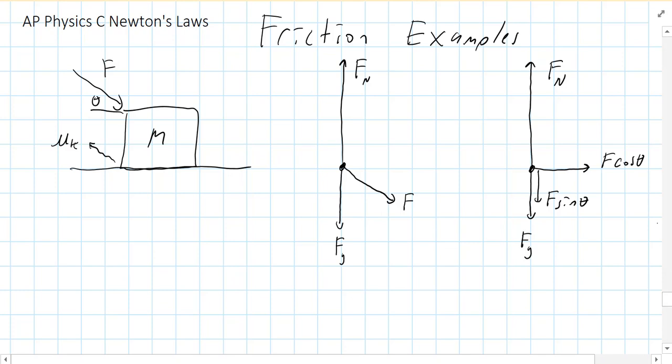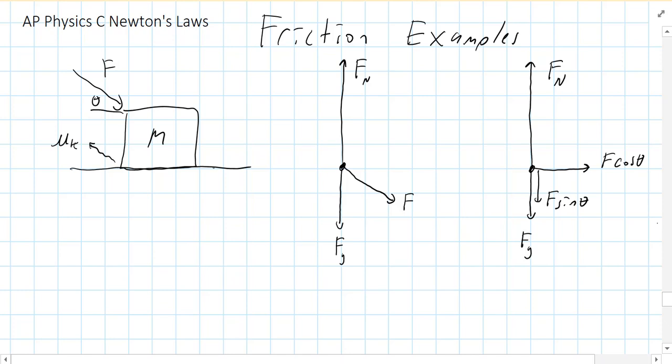All right, so this is a problem we've already done, except for now we're adding friction. The two things we're going to determine are what's the normal force acting on the crate, and also what's the acceleration of the crate in terms of the givens and fundamental constants. Now, the box is going to slide to the right, and so the relative motion of the box surface with the ground is to the right.